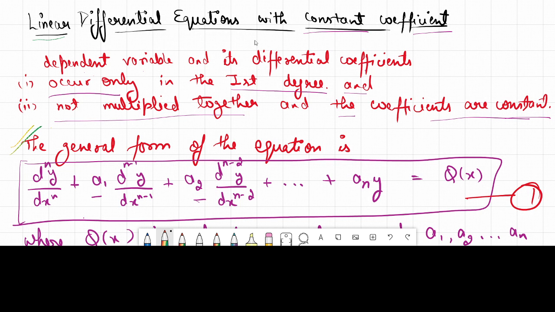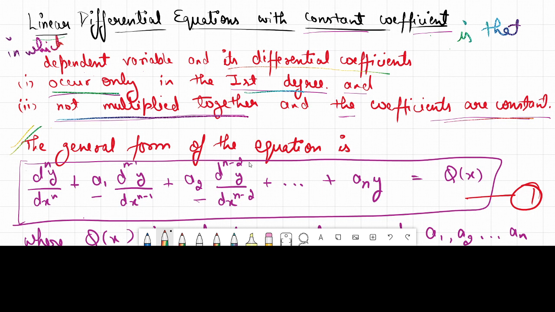Linear differential equation with constant coefficients. What is it? A linear differential equation with constant coefficients is one in which the dependent variable and its differential coefficients occur only in the first degree and are not multiplied together, and the coefficients are constant.